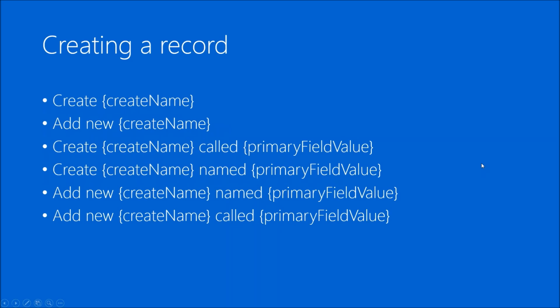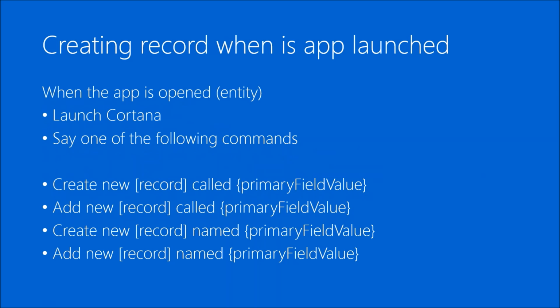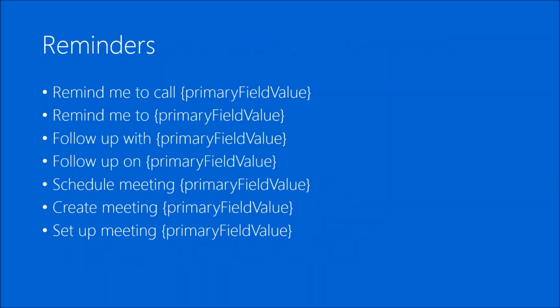So create account, or create account called, I don't know, Resco. If you have the application already running, you can just say create new Resco, and it will already create that in the particular entity.